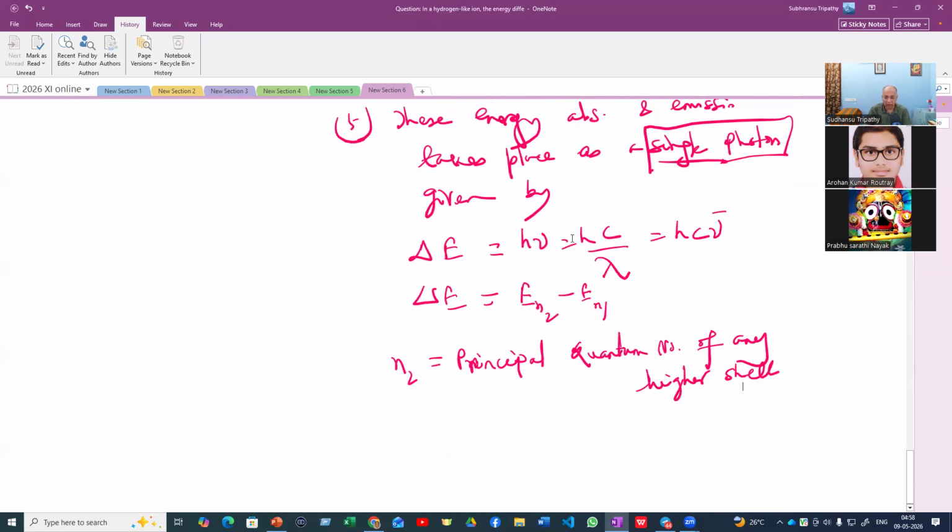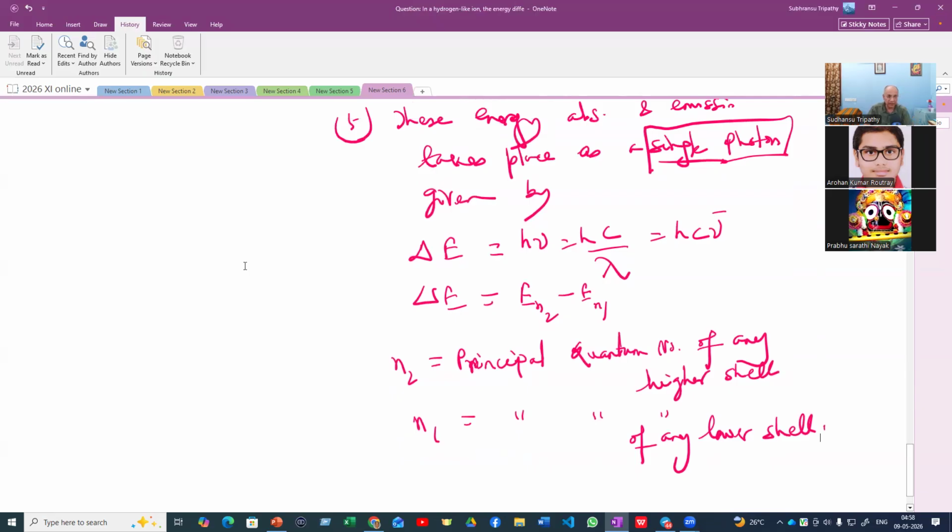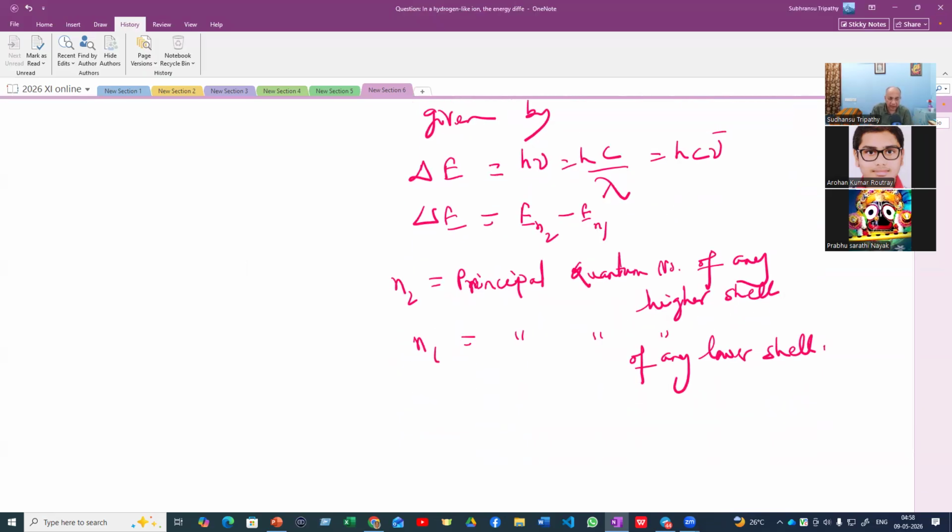And n1 is the principal quantum number of any lower shell. So we'll be calculating after a bit. That means ΔE, which is equal to E_n2 minus E_n1, should be equal to hν.